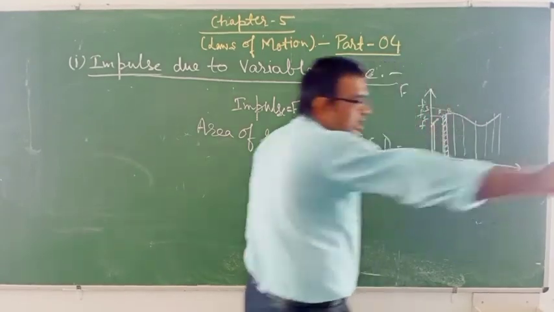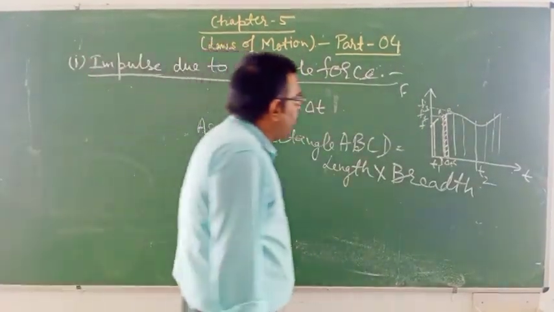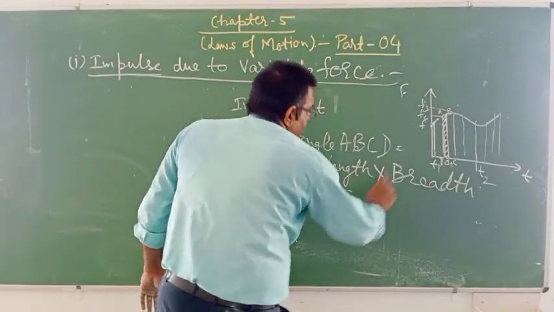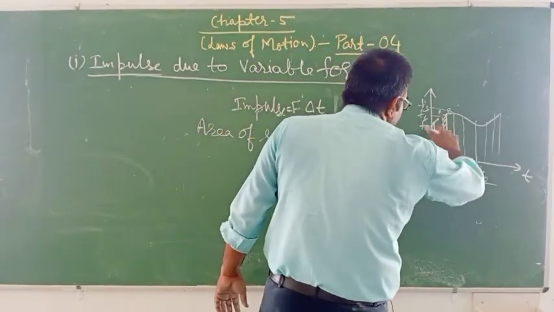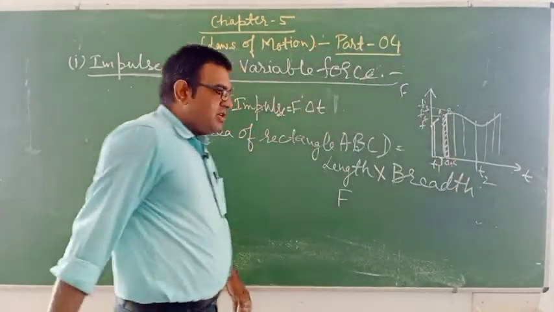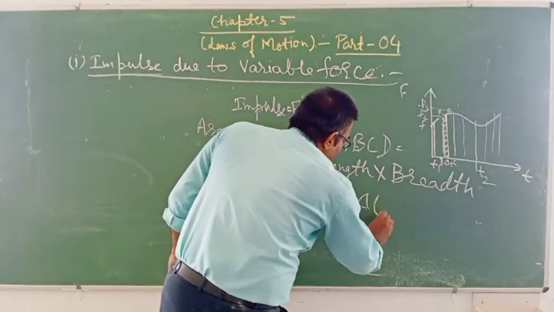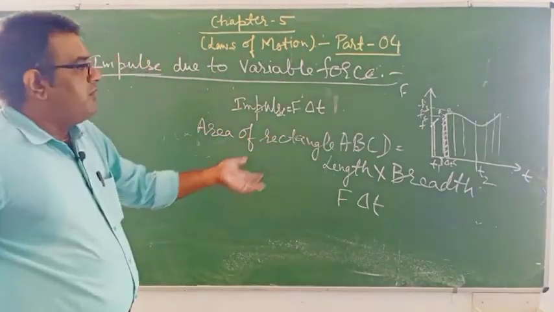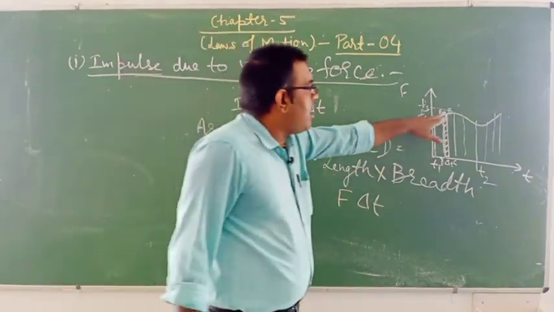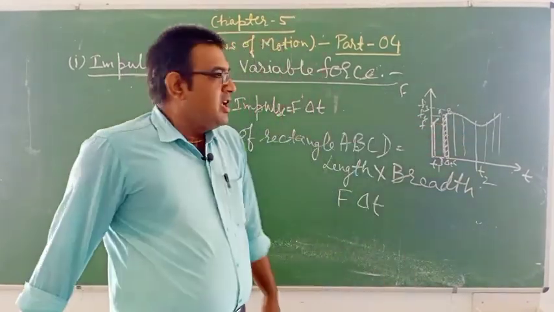The length is F, which we supposed constant, and the breadth is the time delta t. Means for that time interval the impulse transmitted to the body is the area of this rectangle ABCD.